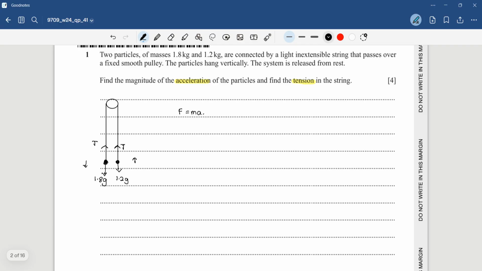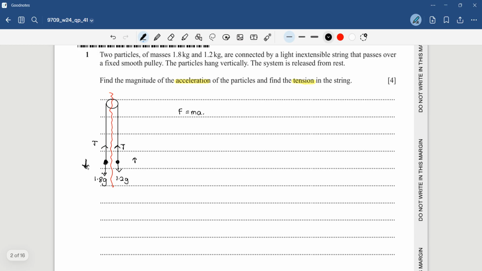So we divide this system into two. In the first system, the object will go downwards because it is heavier than the other one. 1.8 is heavier than 1.2, so the 1.8 will go downwards.